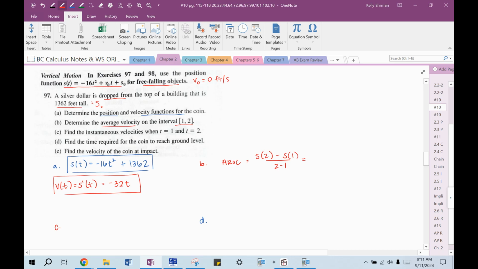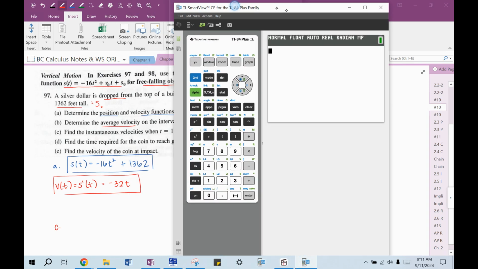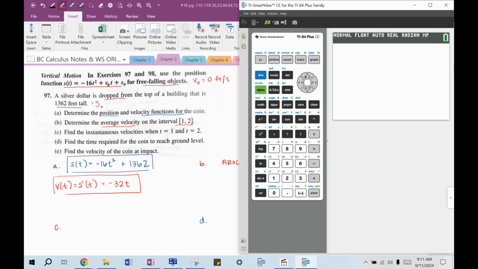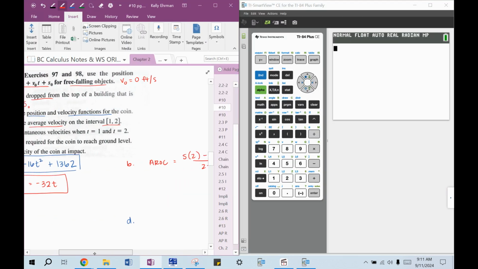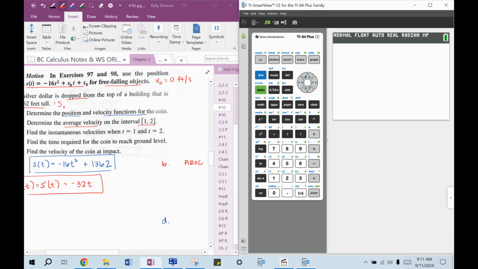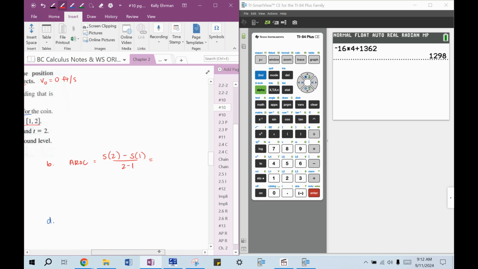Okay, so what is S of 2? I'm going to use a calculator for these. I guess we probably could make it non-calculator, but I don't know. Negative 16 times 2 squared is 4, plus 1,362, that's 1298.